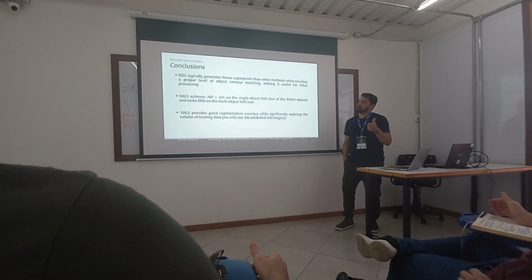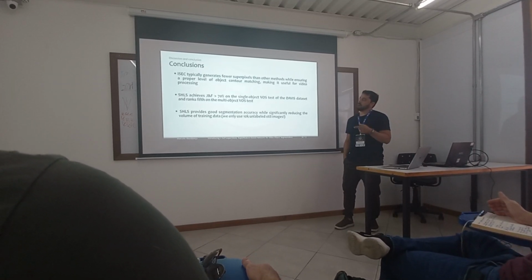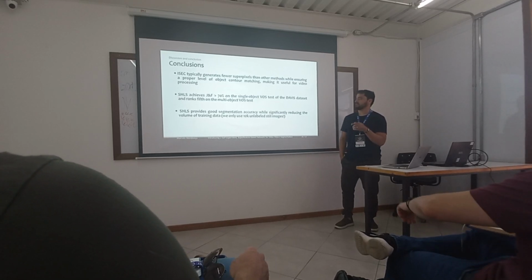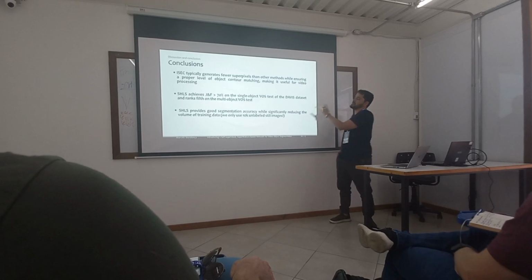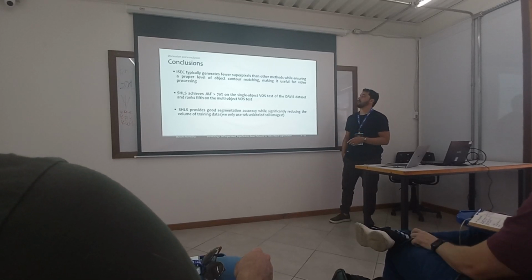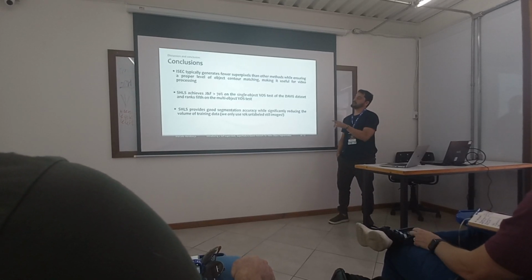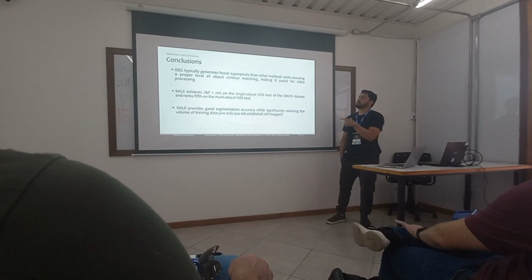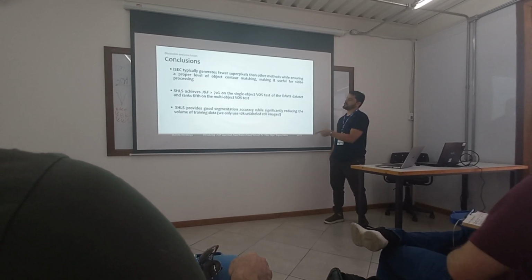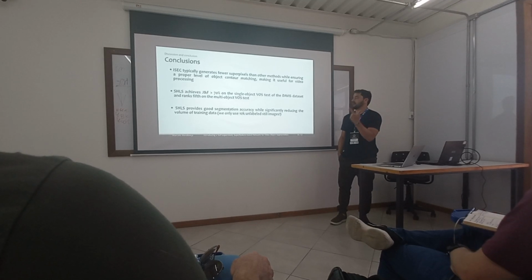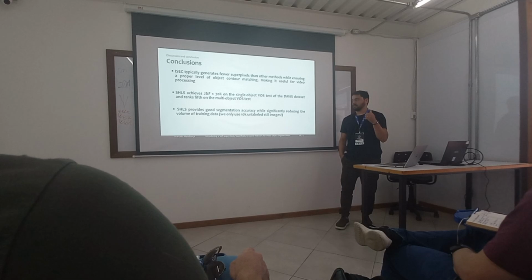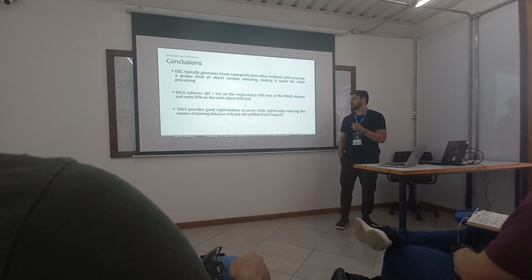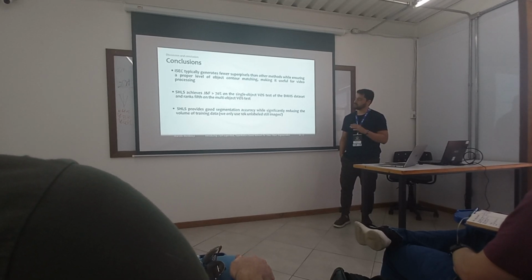Our video object segmentation method achieves above 70% of overall performance in the single object test in the main dataset of the area, and ranks fifth in the multi-object test. This method provides good segmentation accuracy while reducing the volume of data. One more time, we only use 10,000 unlabeled still images to train this method.